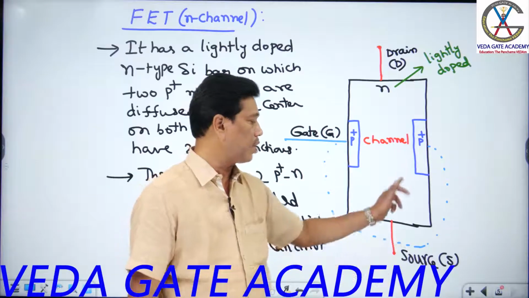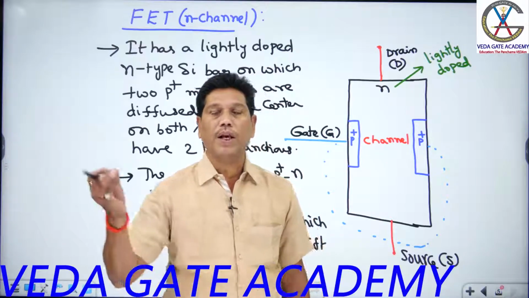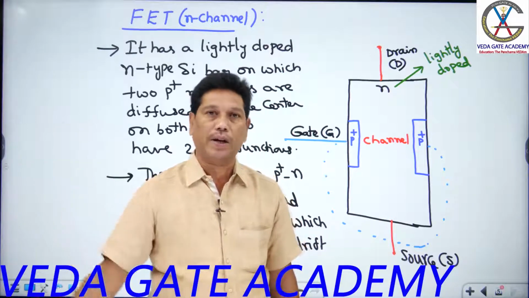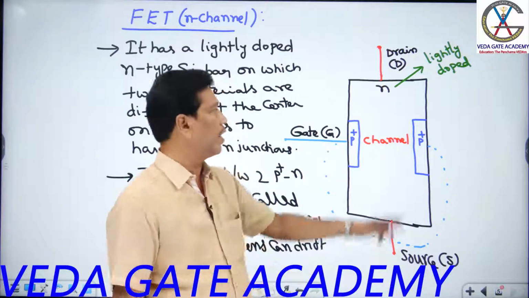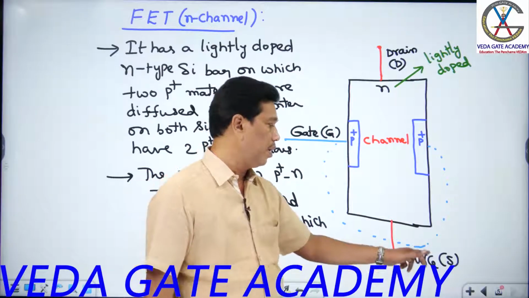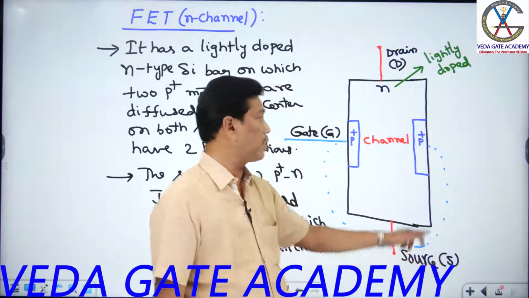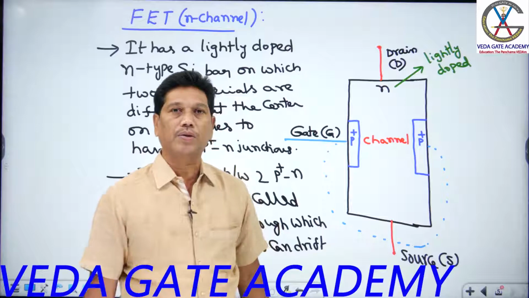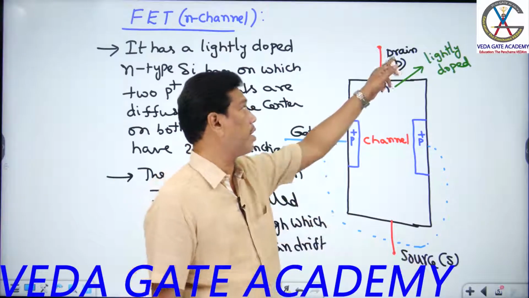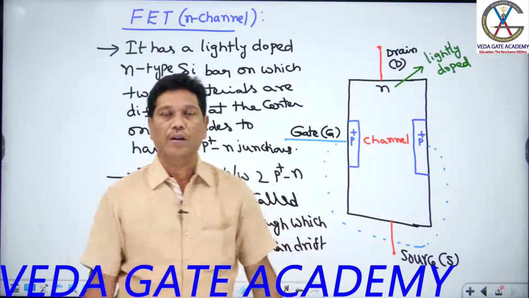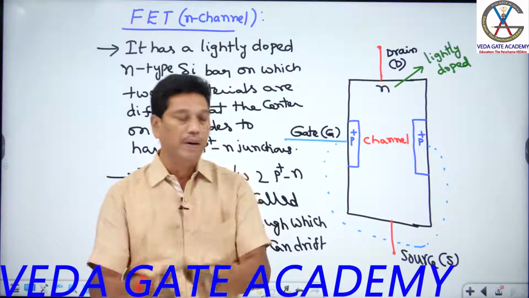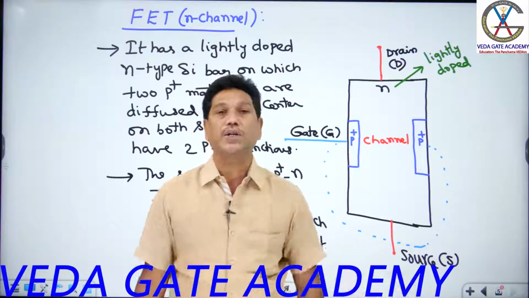Here the carriers enter the channel at the source only. And the carriers emitted at the emitter in a BJT exit or are collected at the collector, which is at the opposite side. In the case of FET as well as MOSFET, the carriers who enter the channel at source must exit the channel at drain. Same thing. So source is the same as emitter, drain is the same as collector. That's the case. But remember, students, in the case of FET and MOSFET, the source and drain are interchangeable.